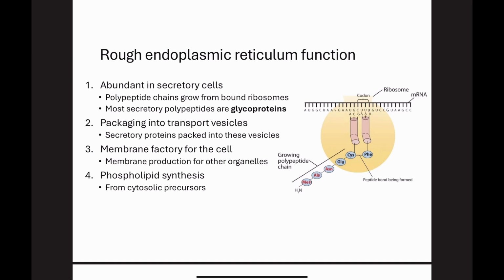And those polypeptides are going to end up folding into their functional shape as they move throughout the rough endoplasmic reticulum. And many of those secretory polypeptides are glycoproteins. And glycoproteins are just proteins that have attached carbohydrates.